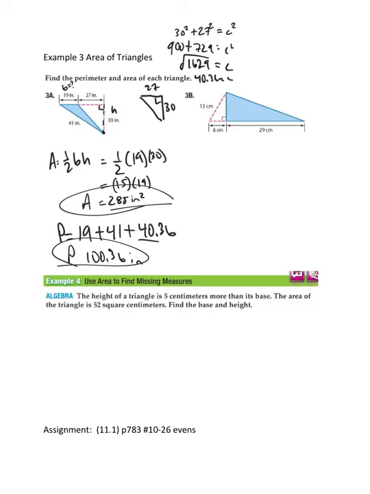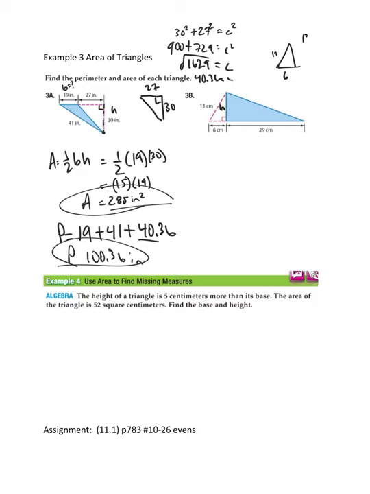For 3B, it looks like we are not given the height. Apologize, just dropped my pen here on my iPad. We're not given the height there, so we'll need to find that using the Pythagorean theorem here.